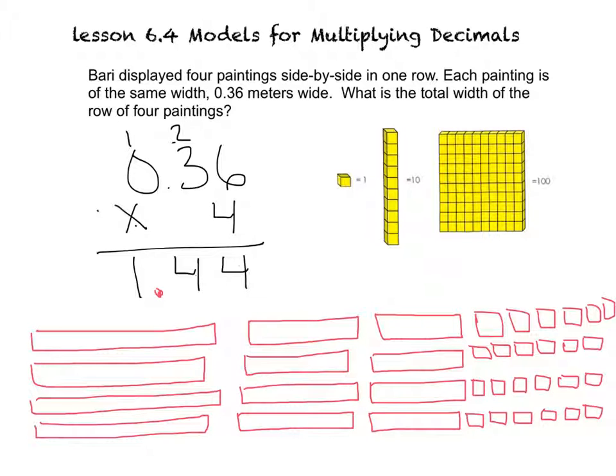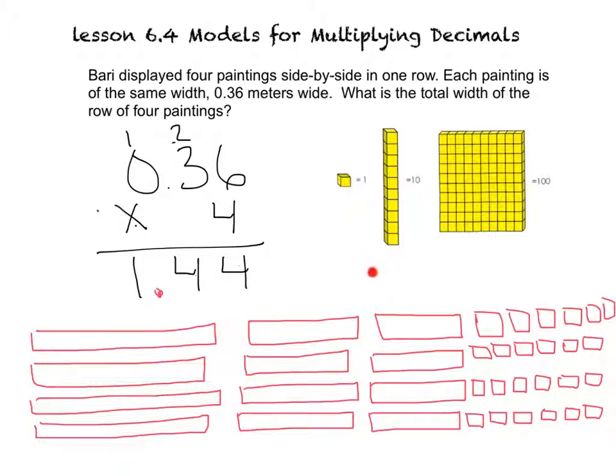So what I did is I represented 3600 using my blocks. A 10 block and a 10 block and a 10 block gives me 30, and then I use 6 individuals to give me 3600. I repeated that process 4 times to show my equation of 3600 times 4.